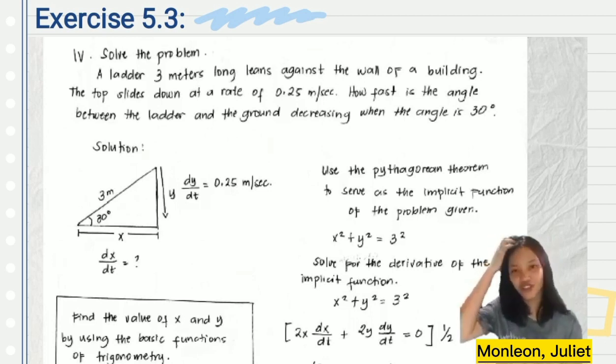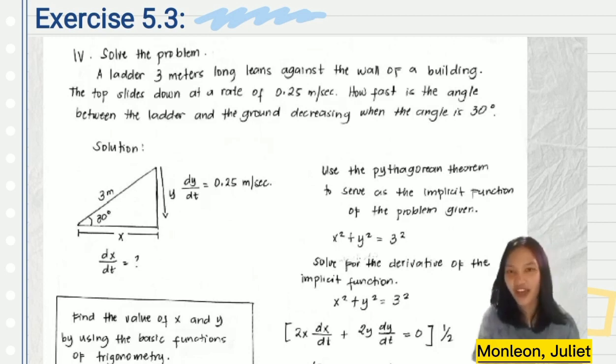So for the solution, shown on your screen is how I derived the representation of the given problem. So the hypotenuse is the ladder, the shorter leg is the y variable, and the longer leg is the x variable.